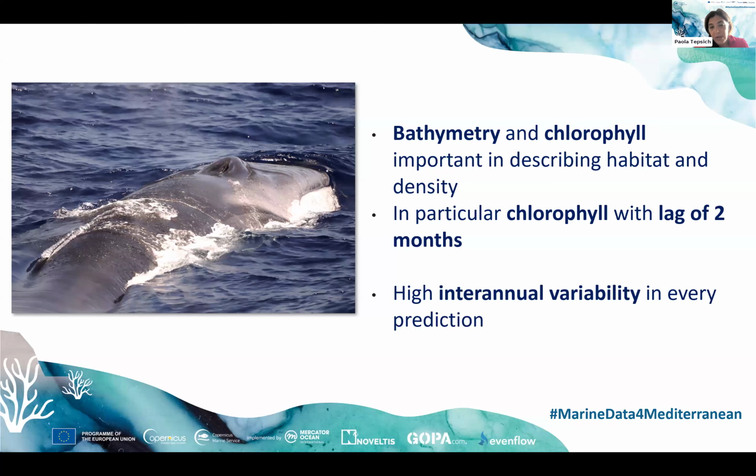And also for these models, we have evidenced a very high interannual variability for every prediction for GAMs and also for the other habitat models. This makes it very difficult to predict correctly on a yearly basis the species presence and distribution. But indeed, this analysis has given us more information on the possible functioning of this very important area from an ecosystem point of view.